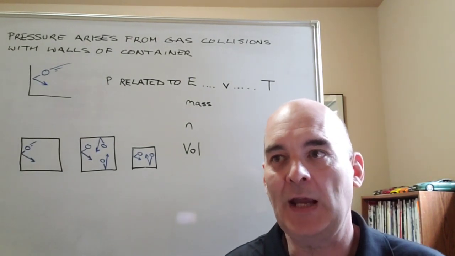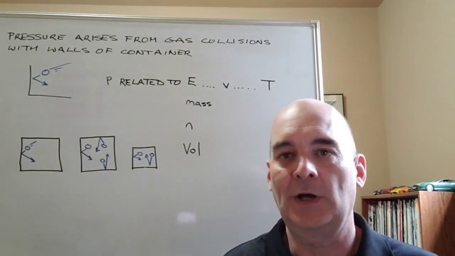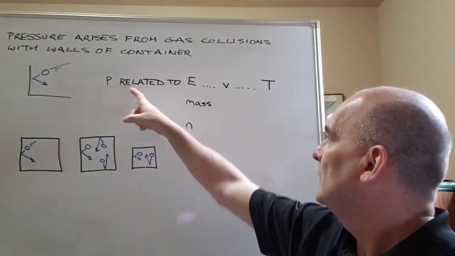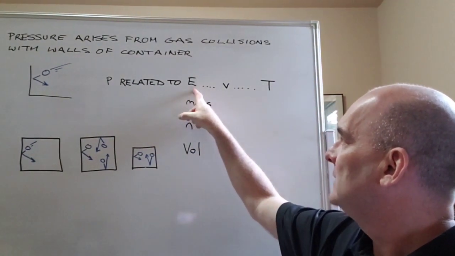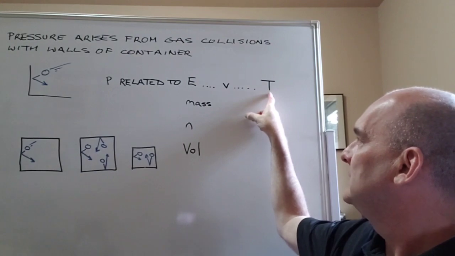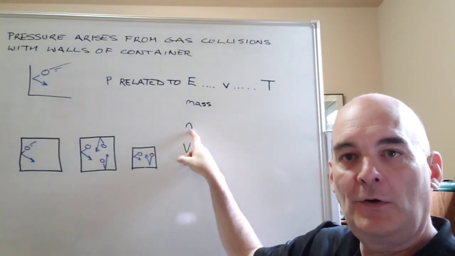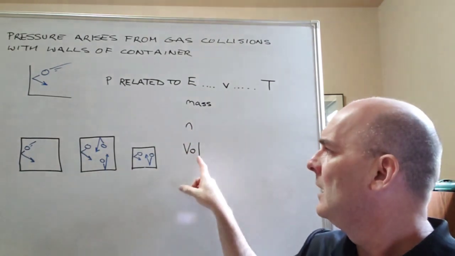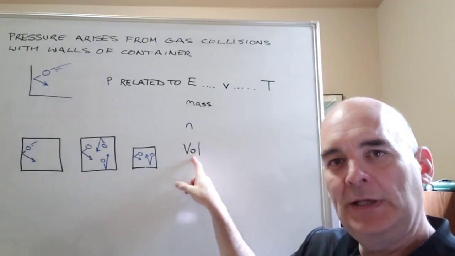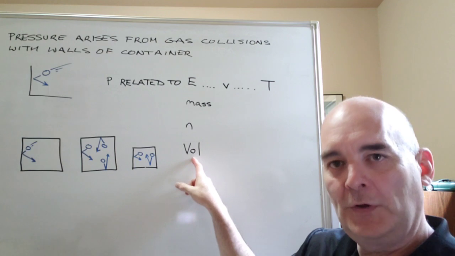More collisions per second means higher pressure. So pressure is directly related to energy, directly related to temperature, directly related to the number of particles or moles, but inversely proportional to volume.